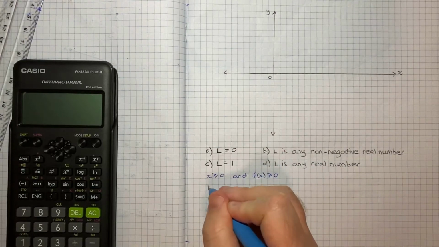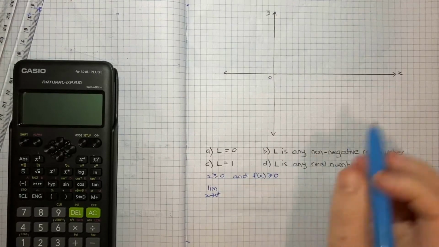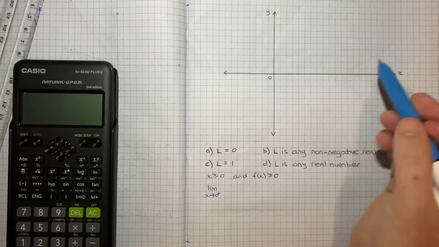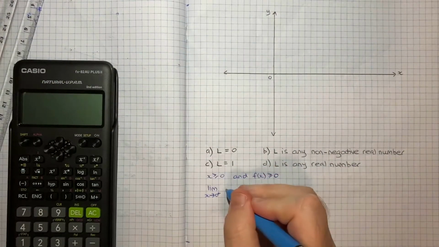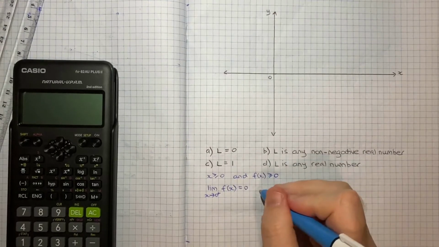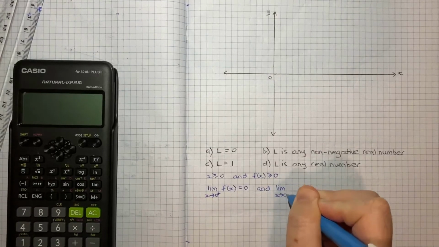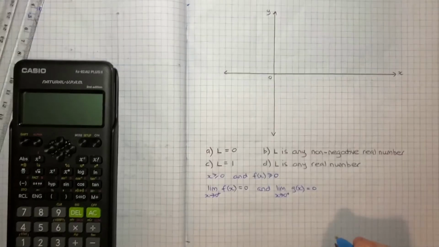We're told that the limit as x goes to 0 from above, or in other words, if we're coming towards x equals 0 from this direction, as opposed to this direction, that limit of f(x) is equal to 0. And similarly, the limit as x goes to 0 from above of g(x) is equal to 0.